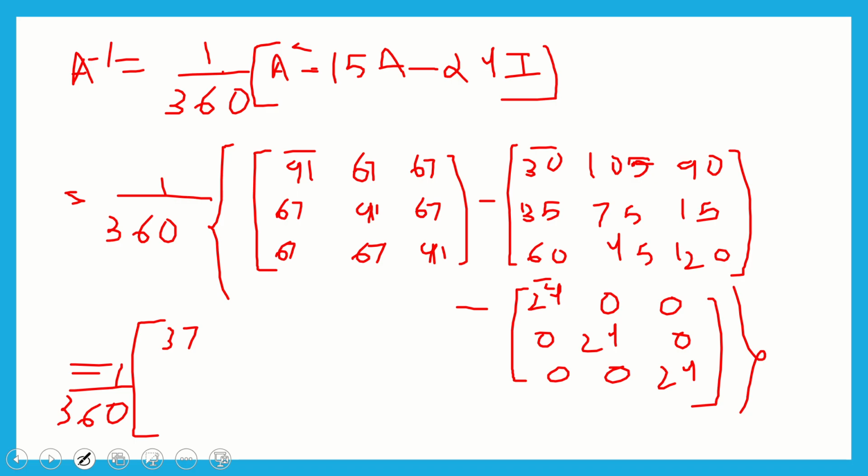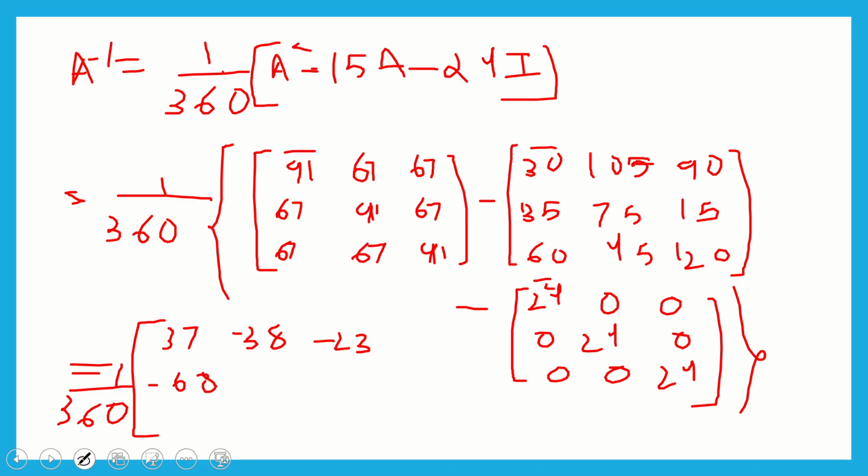Similarly 67 minus 105, you will get minus 38, and 67 minus 90 you will get minus 23.